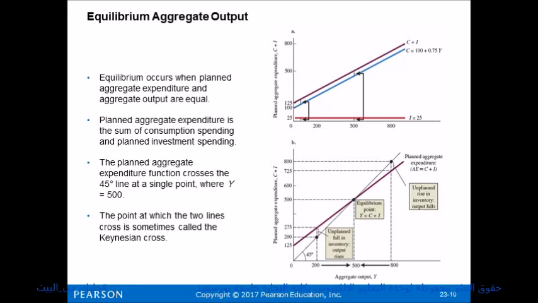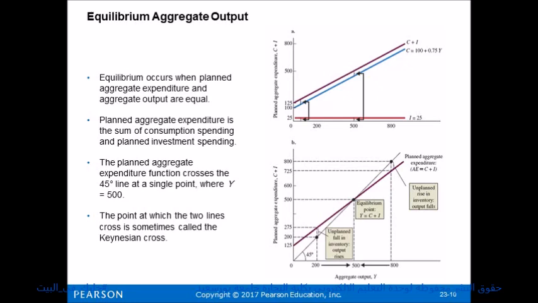the aggregate expenditure function given as C plus I. And as you can see, the vertical distance between the C plus I line and the consumption line is constant at the different levels of income, which is equal to 25.